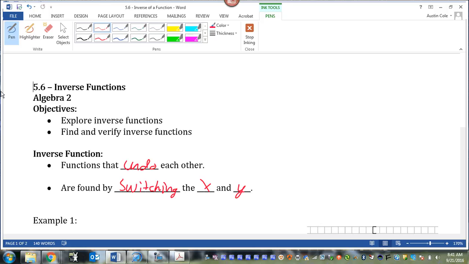Those are inverse functions. How many of you want to travel outside of the United States, or have? If you go to a different country, do they use US dollars or a different kind of currency? Pesos. They use different kinds of currency.